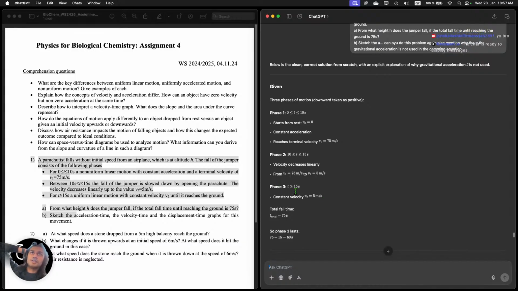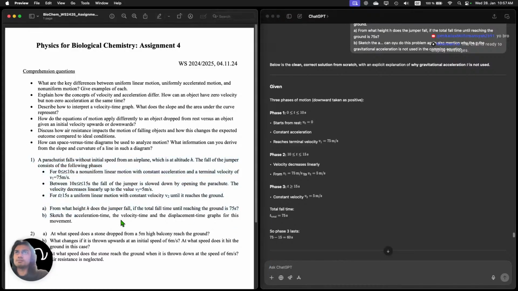Phase 3, t greater than or equal to 15 seconds: a uniform linear motion with constant velocity v2 until it reaches the ground. Total fall time 75 seconds. Did it mention that somewhere?